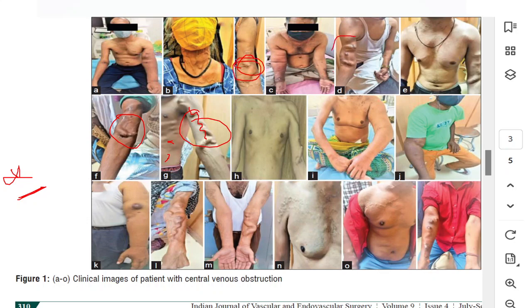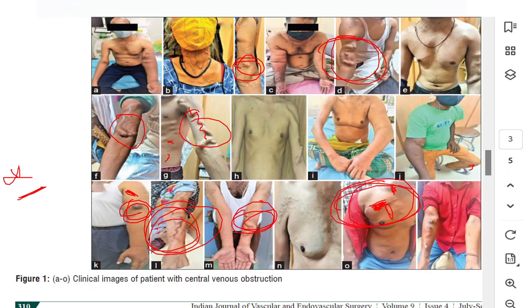These kinds of dilatation can occur. These are all complications of chronic increase in pressure inside the fistula, or whenever there is an outflow tract obstruction; this kind of aneurysm and dilatation can occur. Whenever there is dilatation over the chest and the upper limb, this indicates a chance of central venous stenosis also.